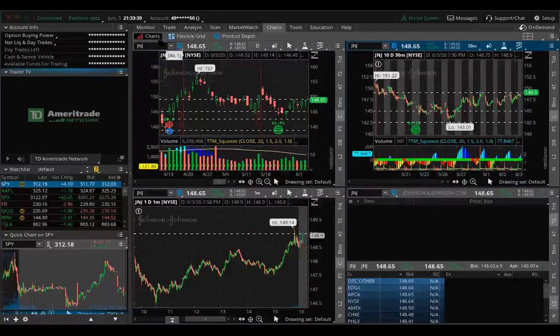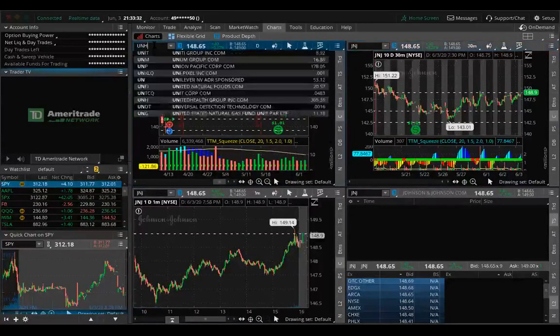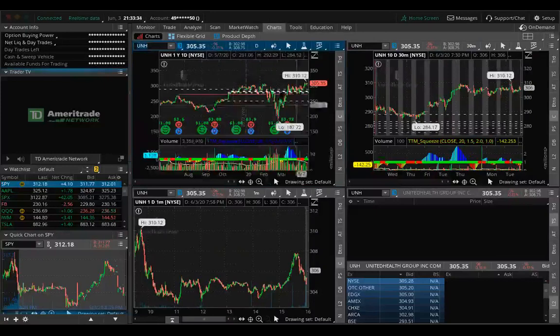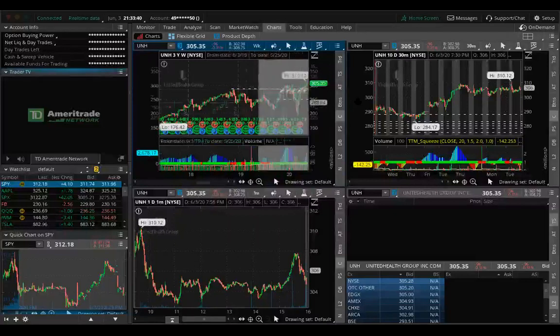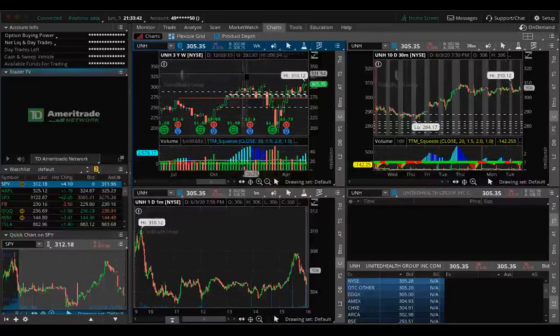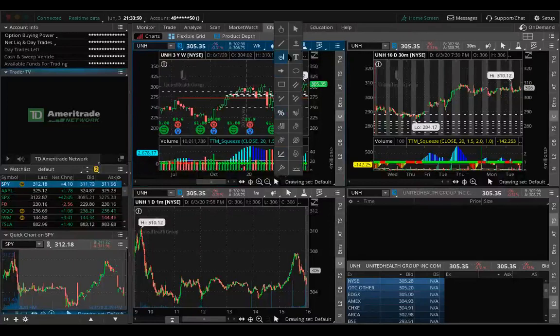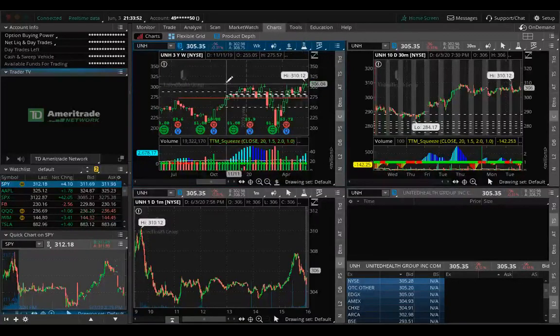Let's check out UNH. Let's check out the weekly first. Okay, so weekly looks like we are flagging. Looks like we're appearing to be trying to break away from this flag, break some of this range here. You guys see that? It's like we have a lot of solid plays.